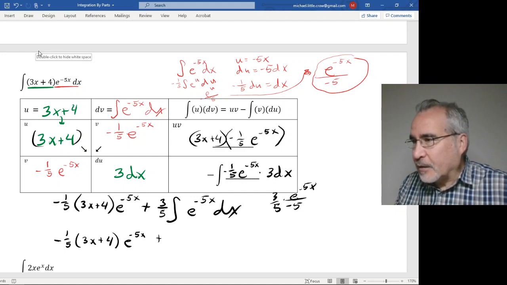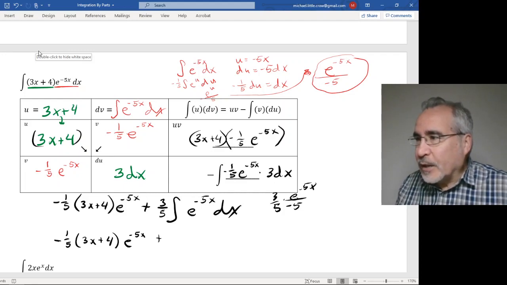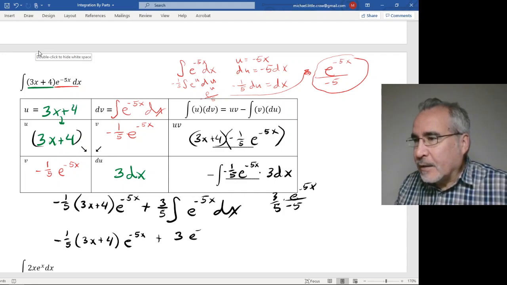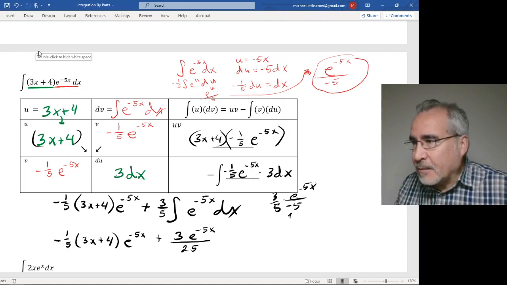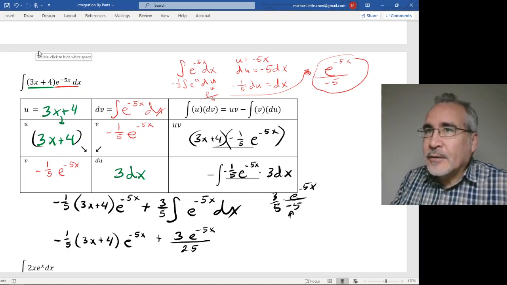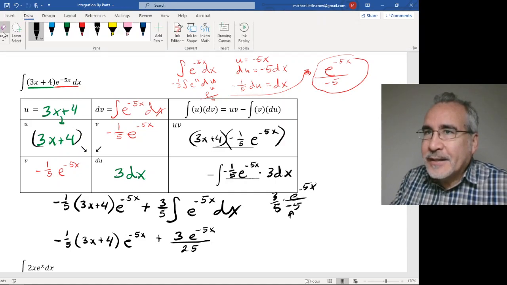So I'm just trying to save myself from writing too much, but I guess I wrote it over here, right? We're going to get a minus 25 in the bottom, and in the top we get 3e to the minus 5x over 25, but here's one of those things, it's got a minus here, don't forget about it. So we're going to change that plus back.